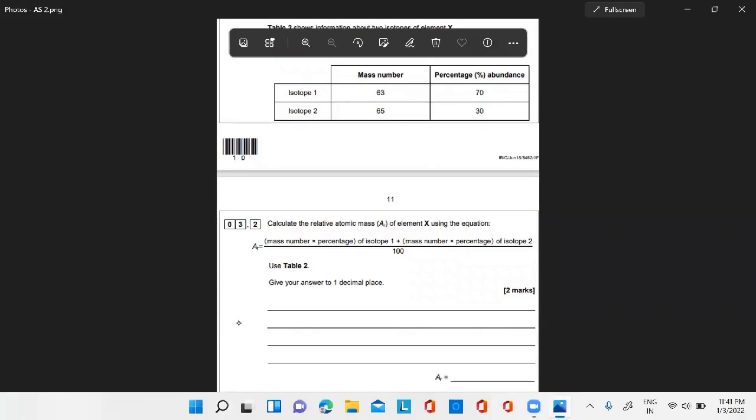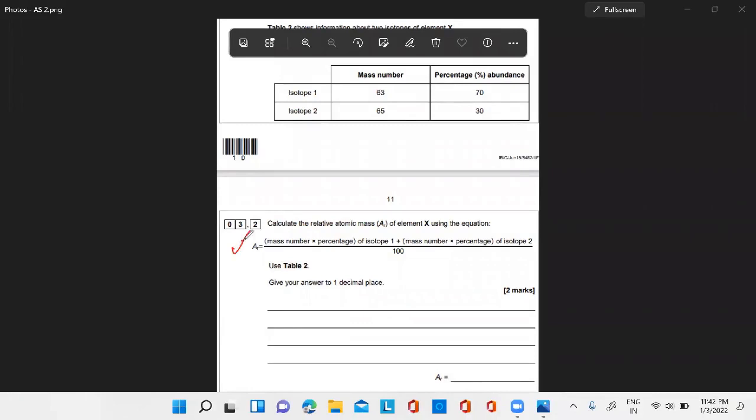So in this case, what we have to do, we have to apply this formula to find the relative atomic mass. So isotope number 1 is having mass number 63, which we have to multiply with the percentage of abundance, which is 70.